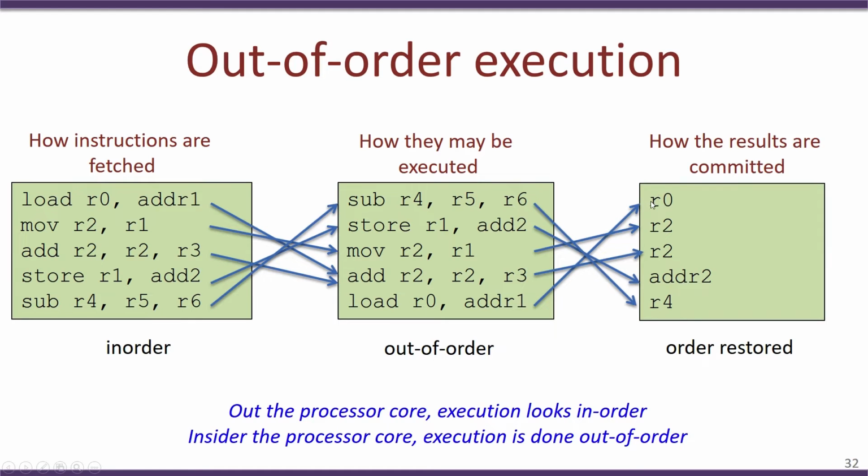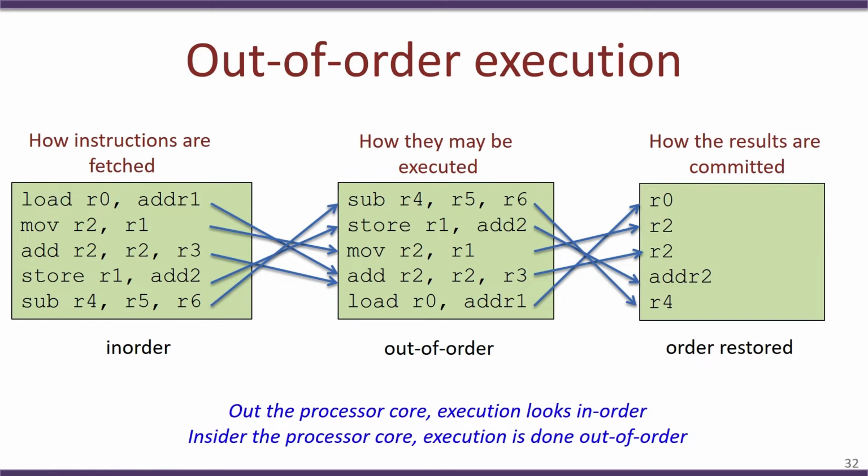You look at the results of these instructions, and you notice that they correspond to the original ordering of these instructions. For example, R0 was the destination for this load, that is, the contents corresponding to this memory address were loaded into R0, and similarly R0 was the first result to be written back.